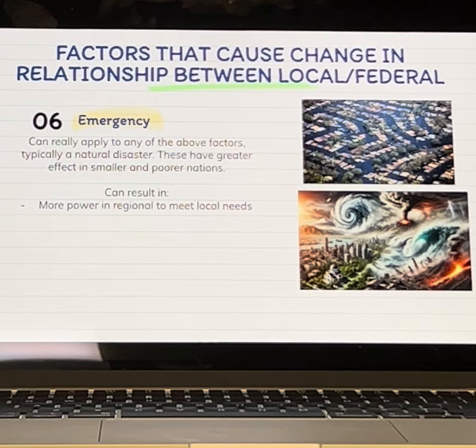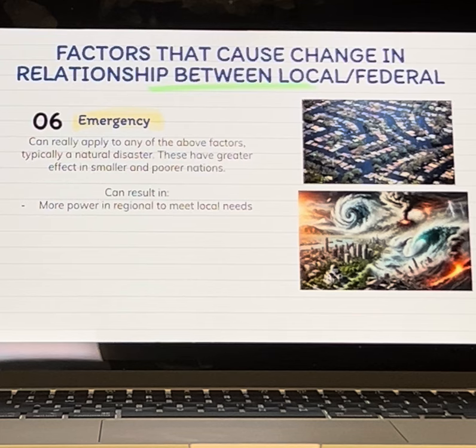So let's say hypothetically there was a tsunami that hit London in the United Kingdom. Oh my god, that would never happen. But for the sake of this argument, it does. So either one of two things will happen. Either the state that London is in will get more power to help address the needs of the citizens, because sometimes the national government doesn't have the time or the consensus to agree on what to do.